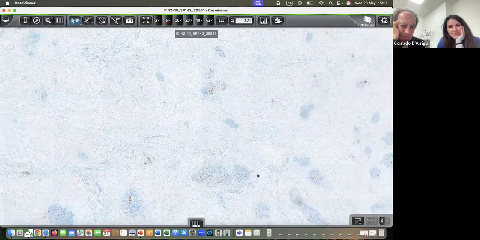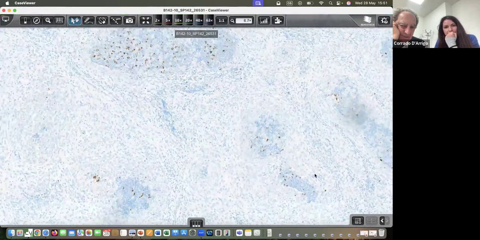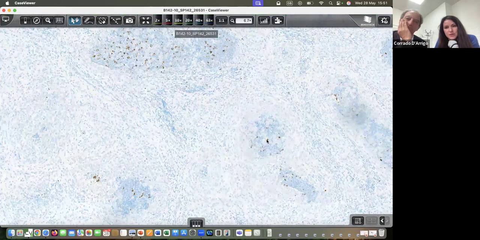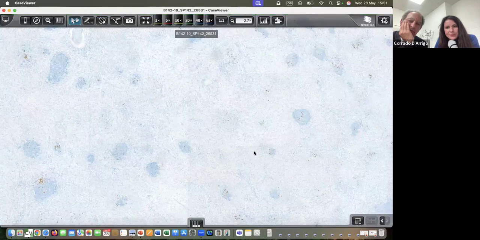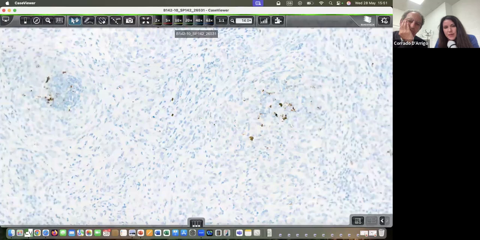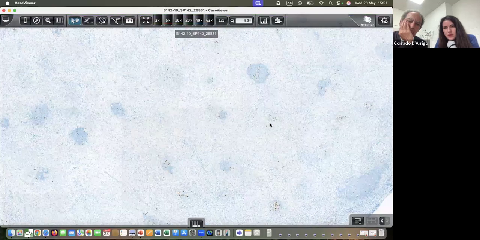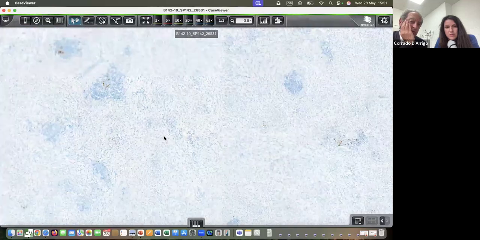So this is one of the dilemmas, but in places we've got tumor cells going even into the follicles. You think these are follicles? Yeah. Well, if these are follicles, they should be CD21 or CD23 positive.